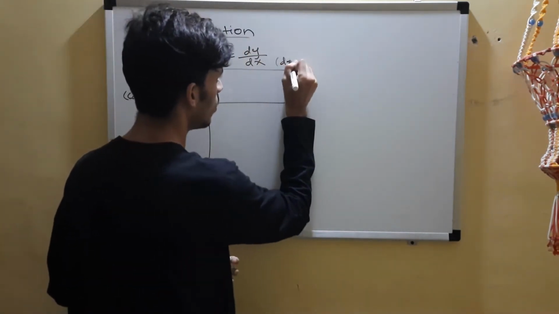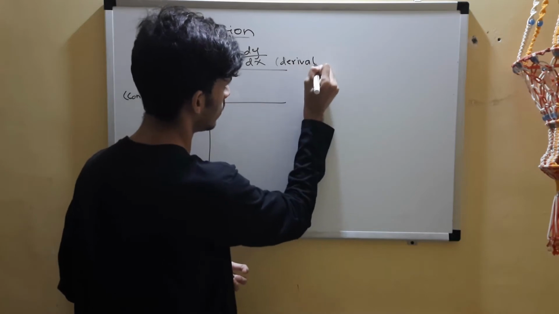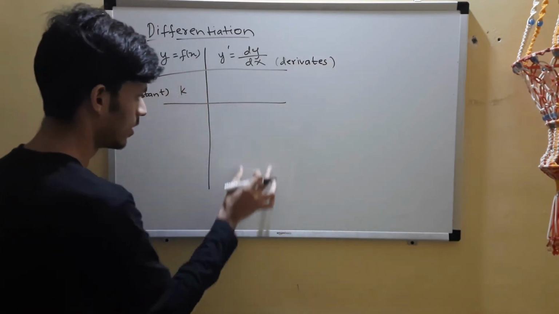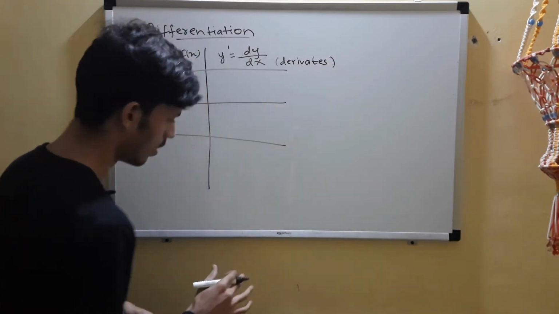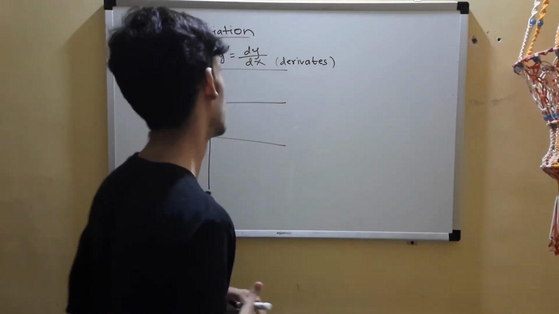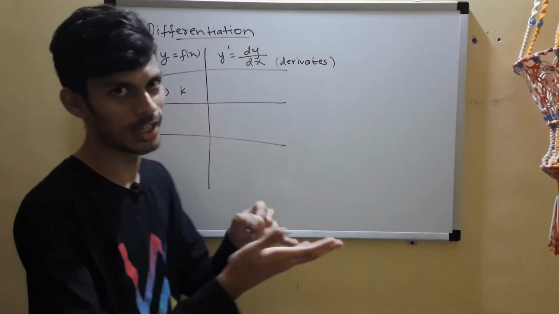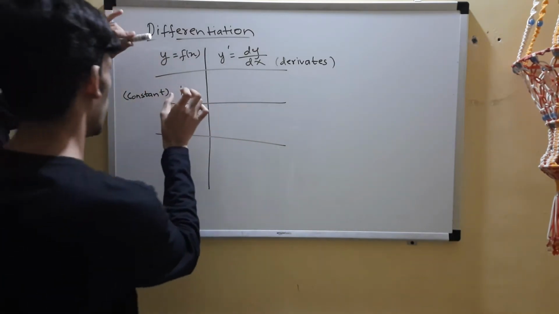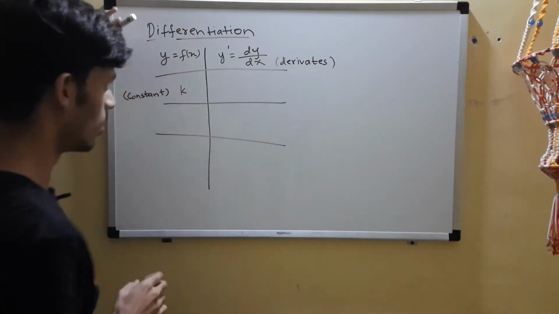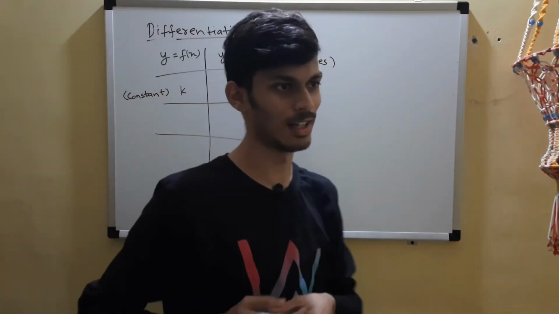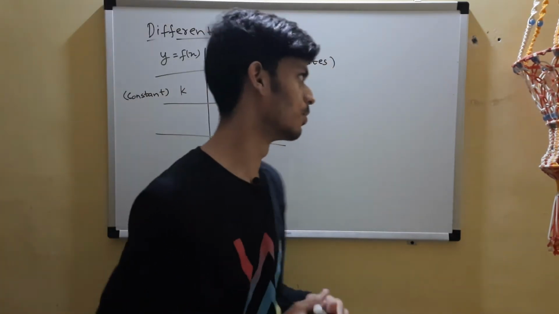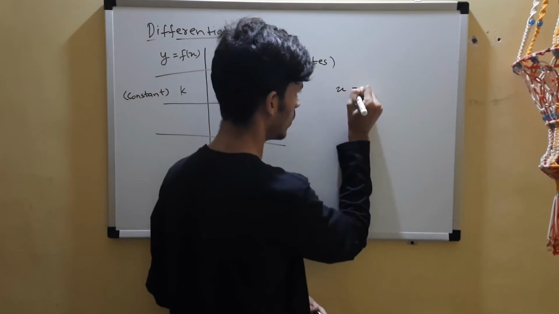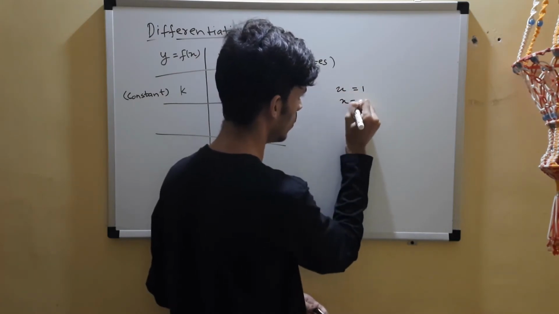These are also called derivatives. The answers that we will get in this column will be called derivatives. You differentiate the function, you get the derivative. So you have a constant function y is equal to k. Now just give it a thought: what if you change x? Suppose x was 1 in the first case, and now you change x to 2.